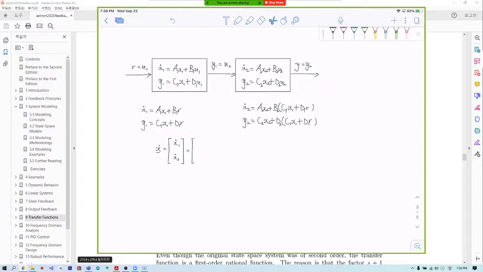And copy and paste all these. Like this. A1, 0, B2, C1, and A2 plus B1 and B2, D1.